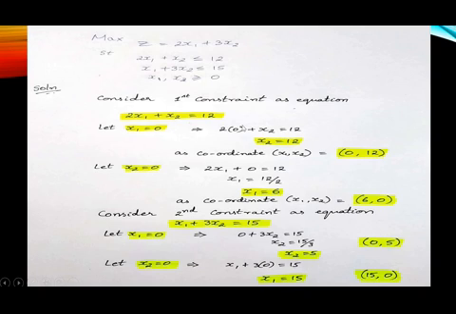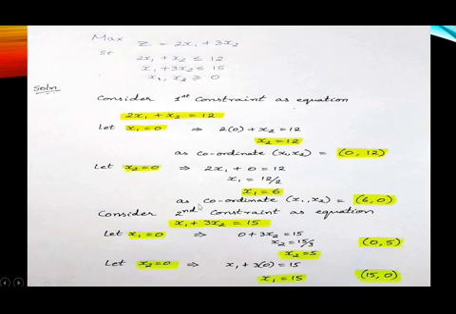Next, for the same equation, I will put x2 is equal to 0. If at all I put x2 is equal to 0, what happens? 2x1 plus 0 is equal to 12. So in that case, x1 is equal to 12 by 2. So x1 is equal to 6. So when I considered x2 is 0, x1 becomes 6.